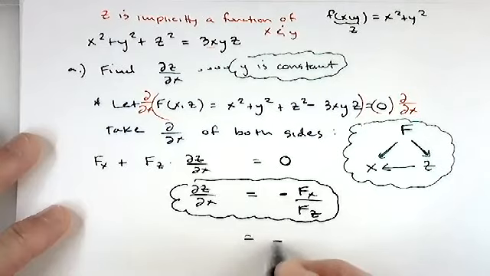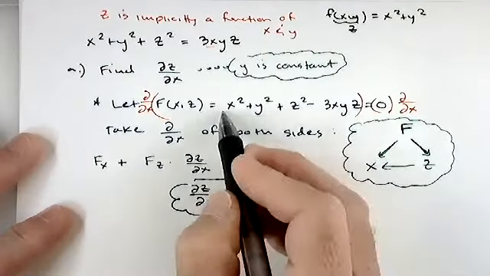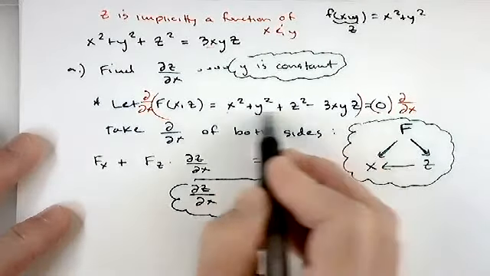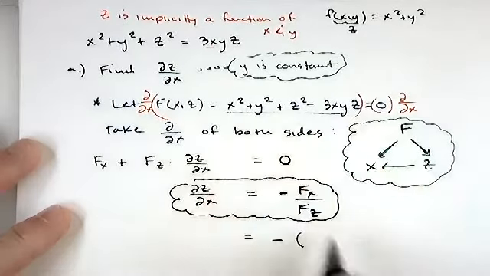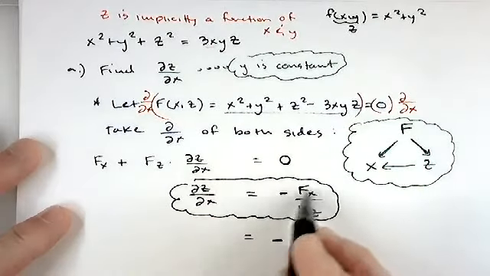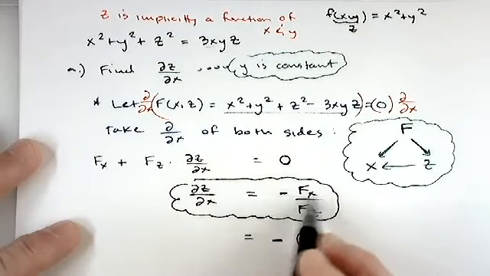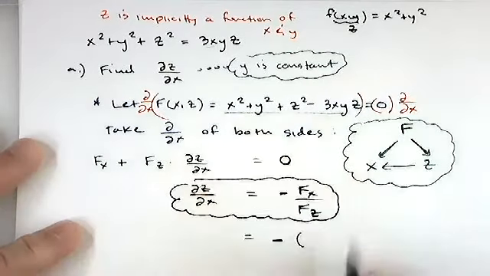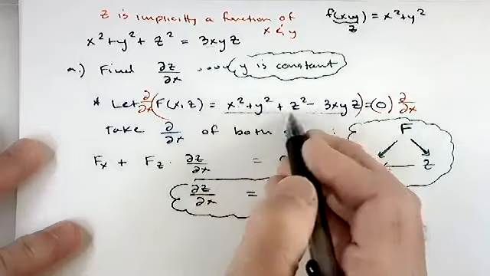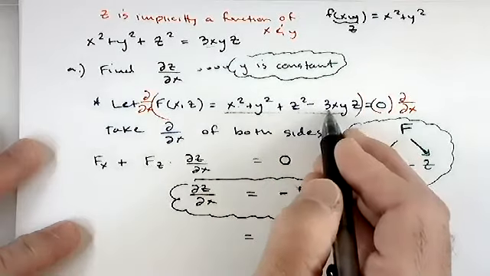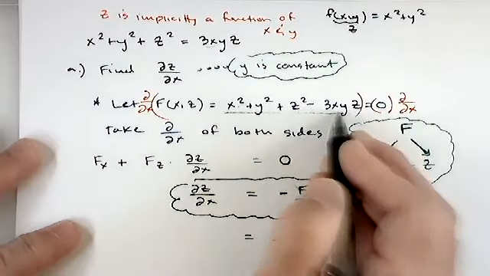So I could get this derivative by just doing negative the partial of this whole thing with respect to x. And when I do this partial with respect to x, I'm treating y and z as constants here, right? So that's going to be 2x. That's constant. That's constant. Minus 3yz.